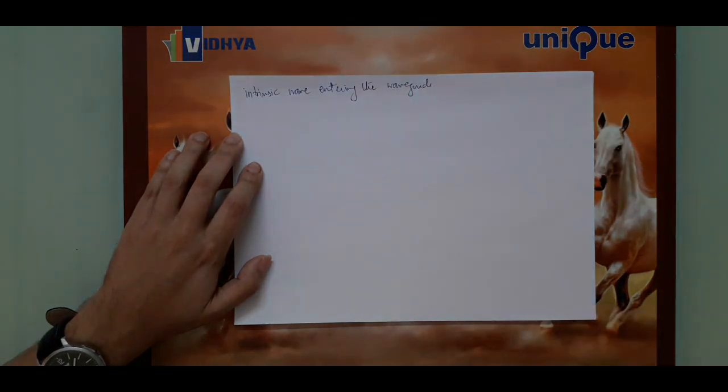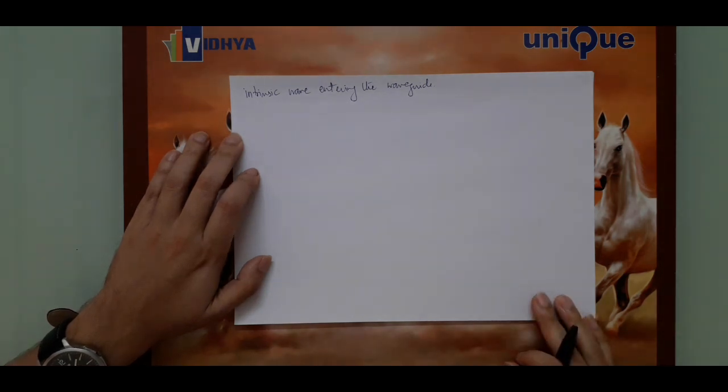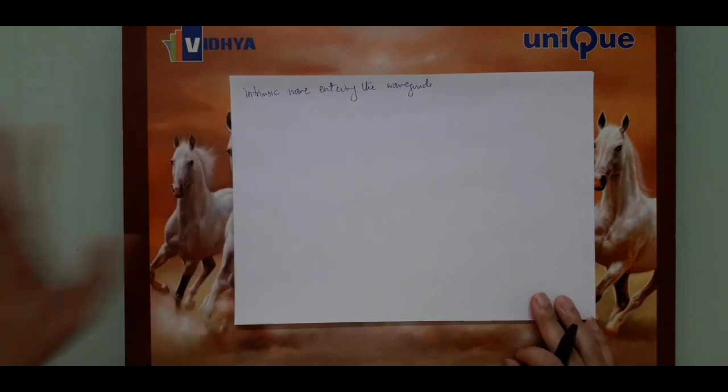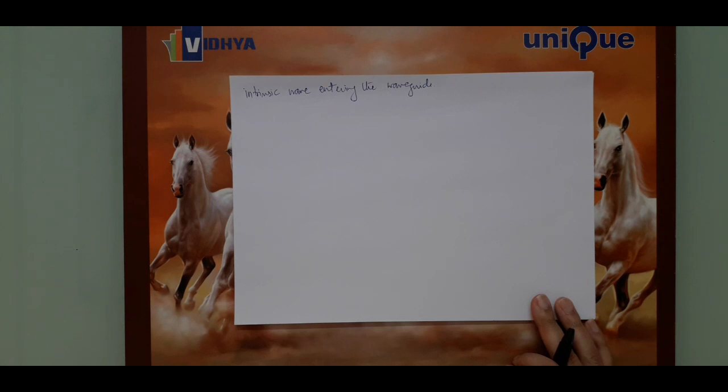Now I am not at all bothered about what is the angle the wave makes with which plane and how many reflections it undergoes. All of these have been absorbed into the expressions which we have derived.